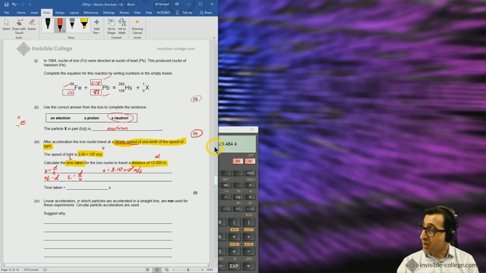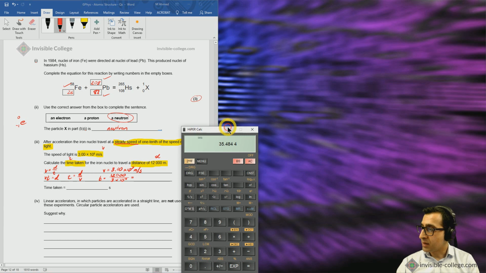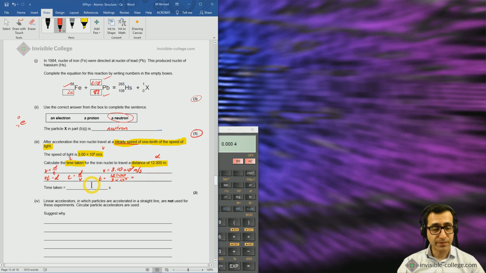And so now we can substitute our value for the speed of the nucleus, our value for the distance traveled by the nucleus, into this equation. So we have the time taken is going to be 12,000 meters divided by 3 times 10 to the power 7, which if we type those values into our calculator, 12,000 meters divided by 3 times 10 to the power 7 is 0.0004 seconds.